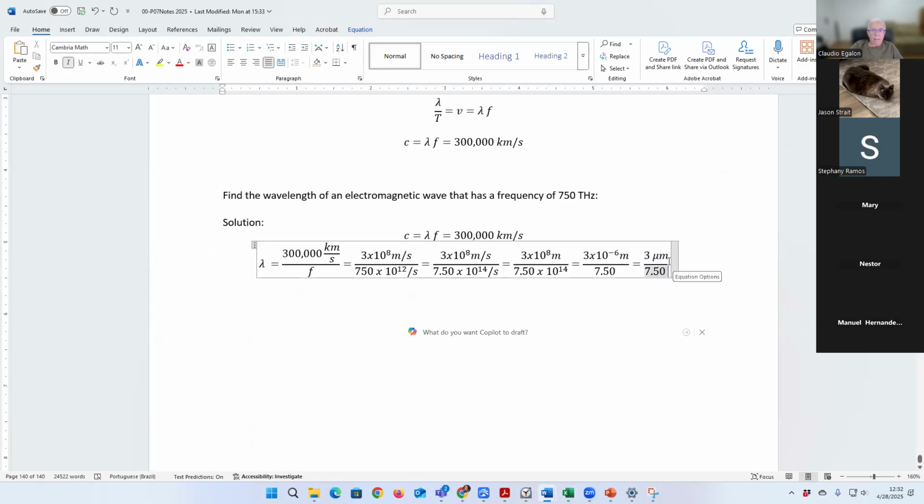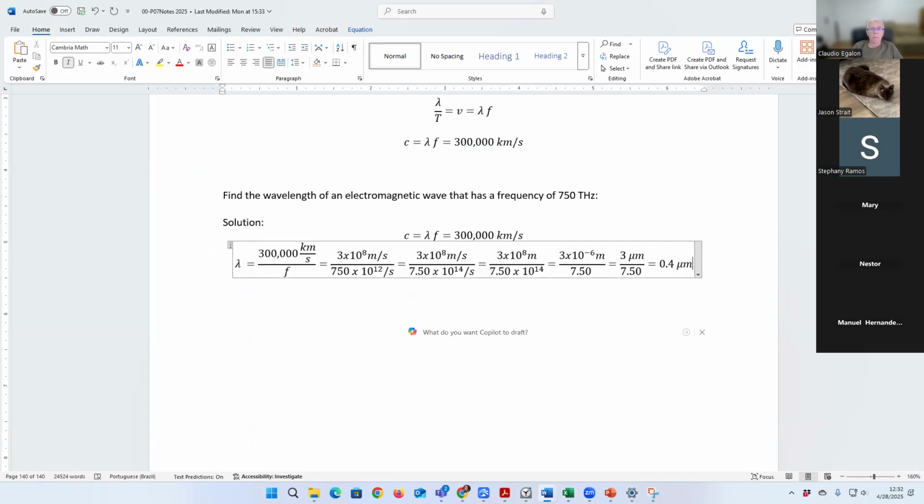So what we end up having here is 0.4 microns, which is 400 nanometers.